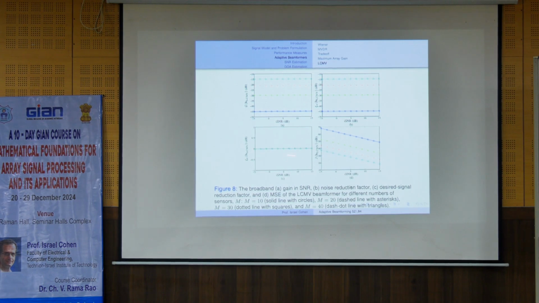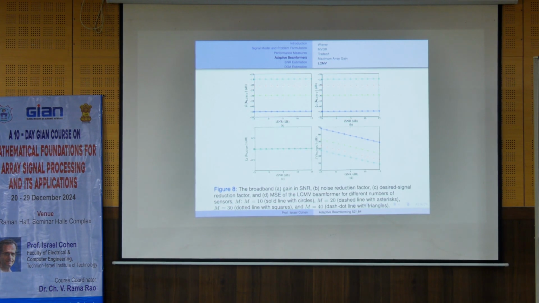The distortion is 0. Why is the distortion 0 with the LCMV? Exactly. We have the first constraint in the matrix, which is distortionless response. And we add additional constraints that suppress noise interferences from certain directions. So we don't have any distortion with the LCMV.